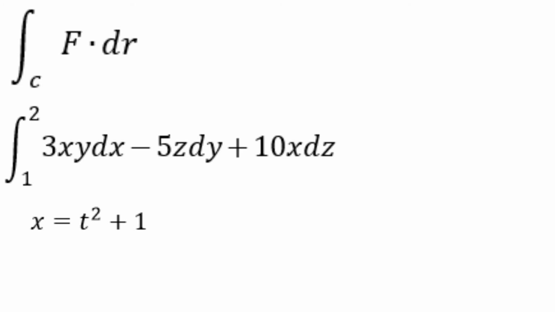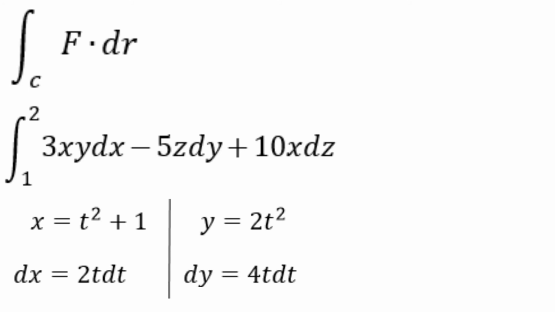We get dx equals 2t dt. Second equation is y equals 2t squared. Find the derivative. We get dy equals 4t dt. Third equation is z equals t cube. Find again the derivative. We get dz equals 3t squared dt. Now we have the values with us. Then we simply substitute the values into the equation.